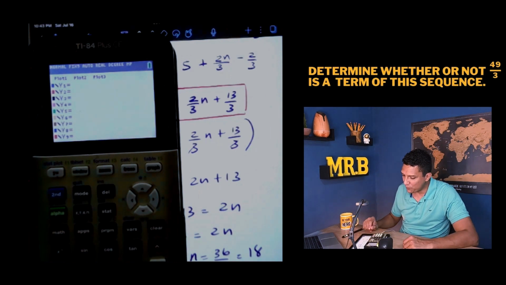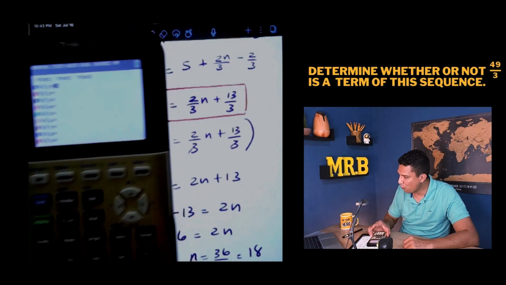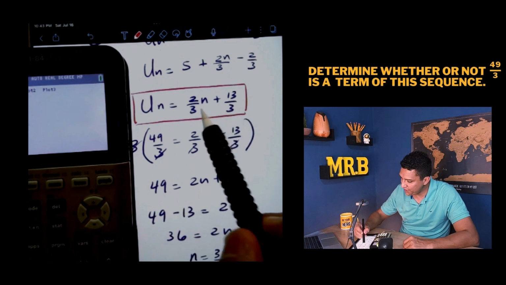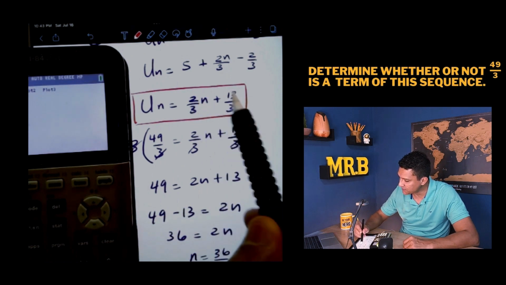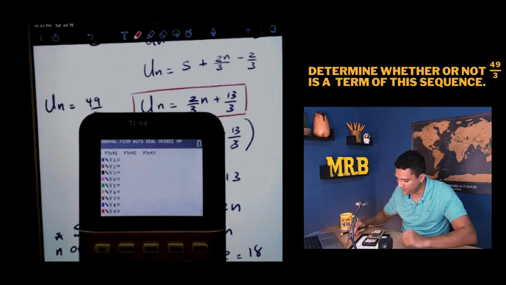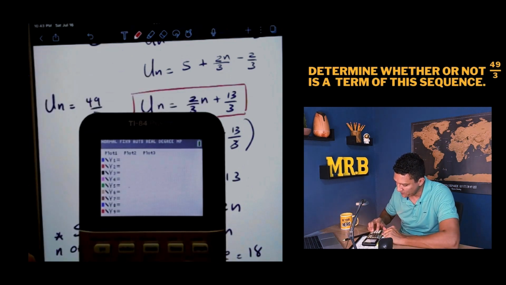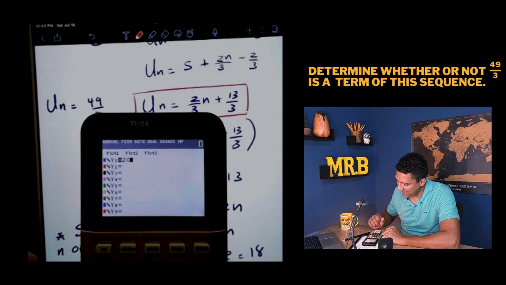And what we're going to do is input this expression, 2 thirds n plus 13 thirds, in the graphic display calculator. So 2x, remember that here we cannot use n, the calculator is programmed to use x, so 2x over 3 plus 13 over 3.